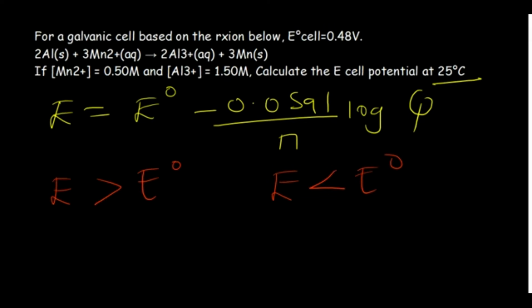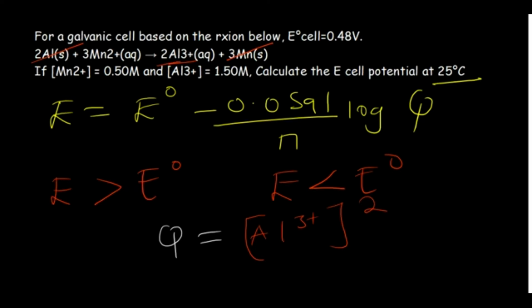What we need to realize is that Q is basically dependent on the concentrations. Q, the reaction quotient, is only dependent on the aqueous and the gaseous states in a reaction. All solids are ignored, so in this case we will not consider the solids, we just look at the aqueous states. And it's always going to be products over reactants, with the concentrations raised to the stoichiometric powers. In this case we have aluminium as our product, so it's raised to the power 2, which is the stoichiometric coefficient.